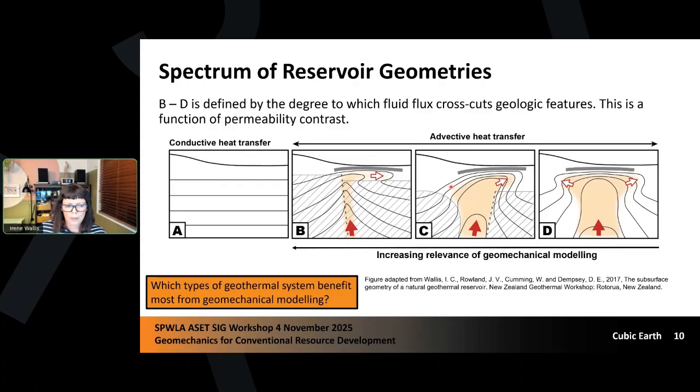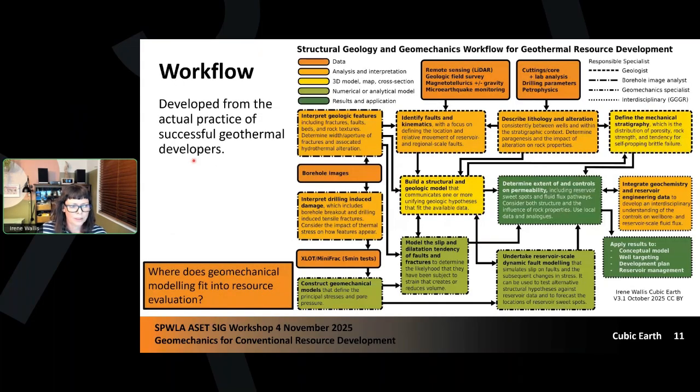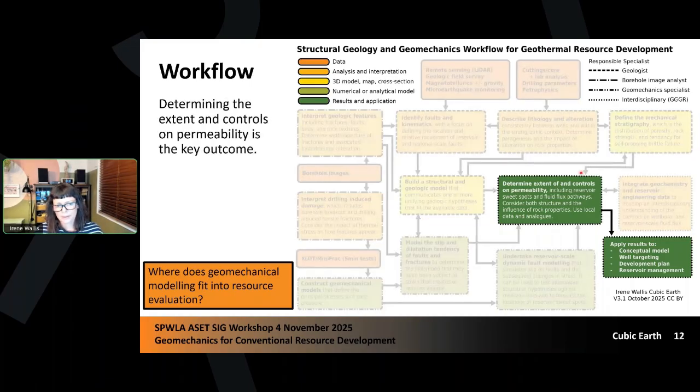So what we're going to be working through today is a workflow that I've developed from actual practice of what's going on inside successful geothermal development companies, of how they go through the resource analysis process, so the subsurface characterization, focusing primarily on this risk element of determining the extent and controls on permeability.